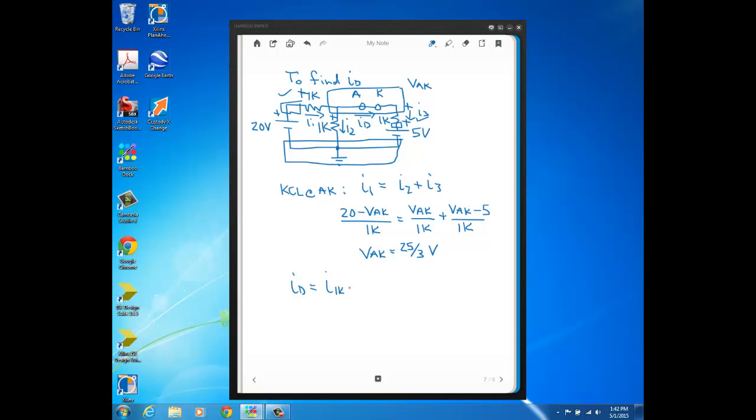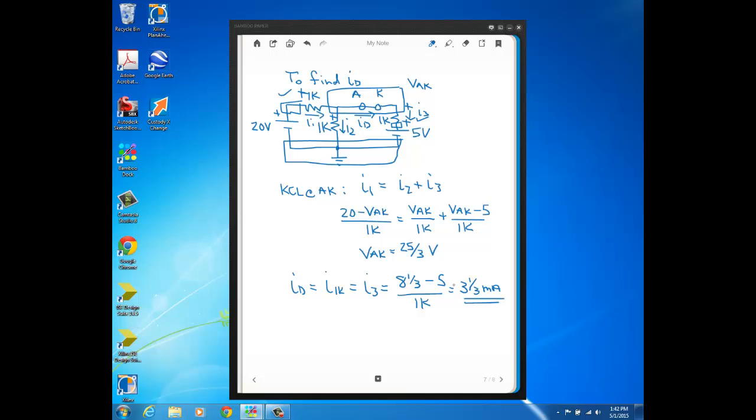That equals the 1K current, so that's this term right here, I3. 25 thirds is 8 1/3, so 8 1/3 minus 5 over 1K. We have a current of 3 1/3 milliamps. That's the ideal forward bias current. Alright, so that completes that problem.